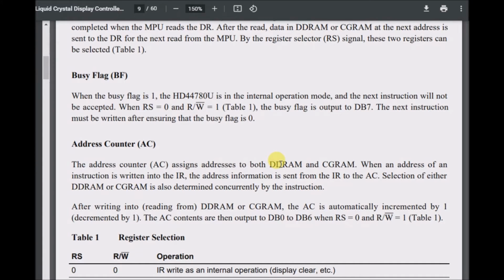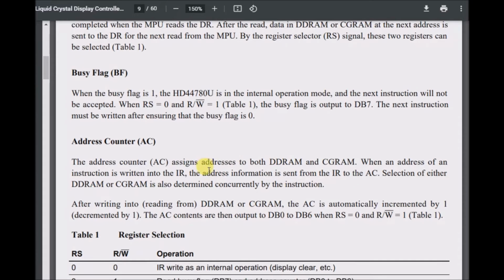Selection of either DDRAM or CGRAM is also determined concurrently by the instruction. After writing into or reading from DDRAM or CGRAM, the AC is automatically incremented by 1 or decremented by 1. The AC contents are then output to DB0 to DB6 when RS equals 0 and RW equals 1.